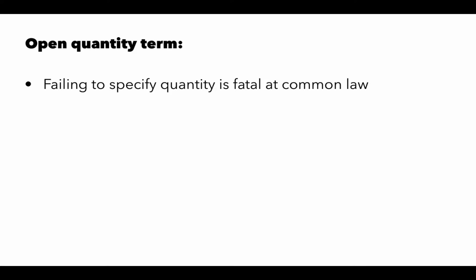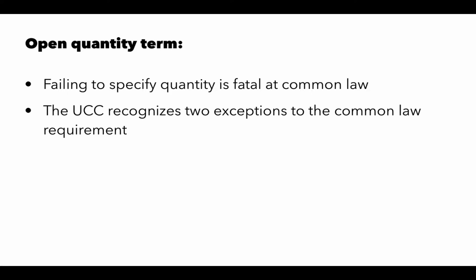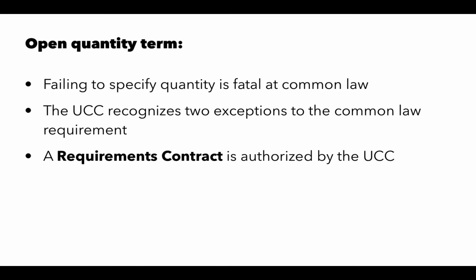Quantity term. Again, failing to specify quantity at common law is fatal. Failing to specify how much is going to be required is fatal to a contract. The UCC recognizes only two exceptions to this common law requirement that quantity be specified in the agreement. And these are two specialized forms of contract. First, a requirements contract.